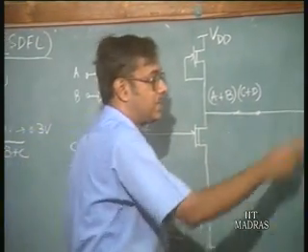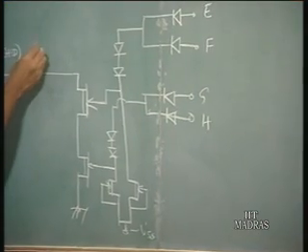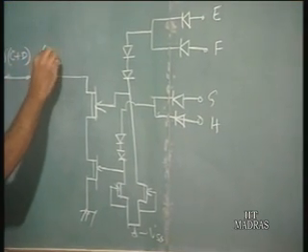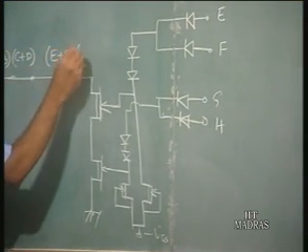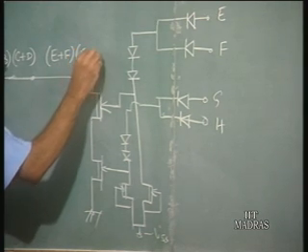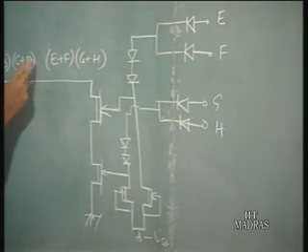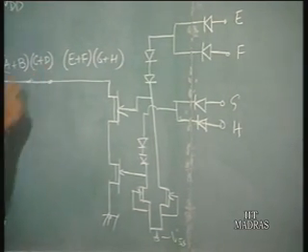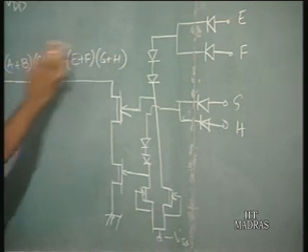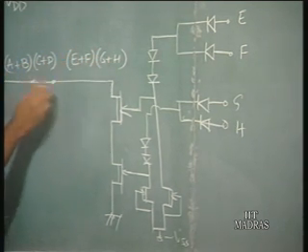For both the transistors here to conduct, you have E or F and G or H, and if any of these two conditions are satisfied, then the output is going to go low.